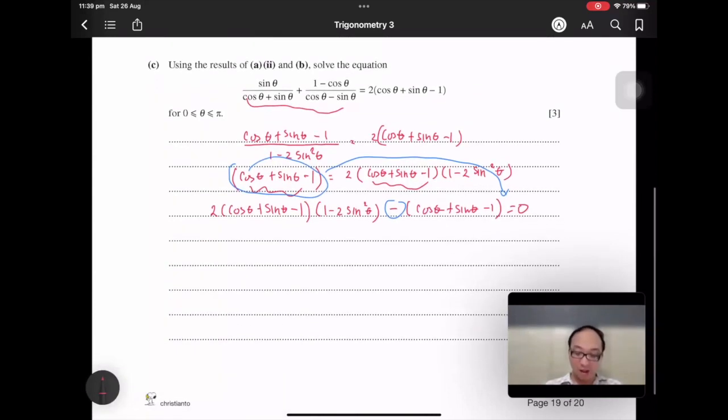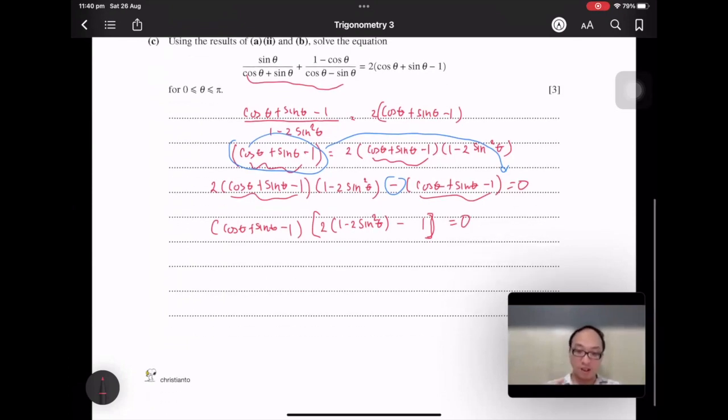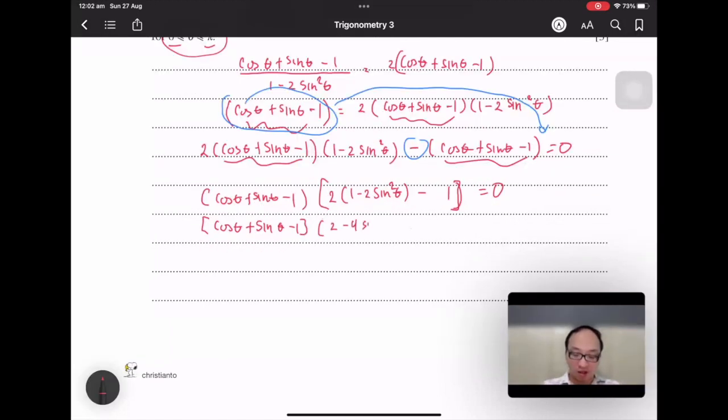And then I can factorize this form. So cos theta plus sine theta minus 1, times 2 times 1 minus 2 sine square theta, minus 1. This is factorization here. So that means cos theta plus sine theta minus 1 times 2 minus 4 sine square theta minus 1 equals 0.